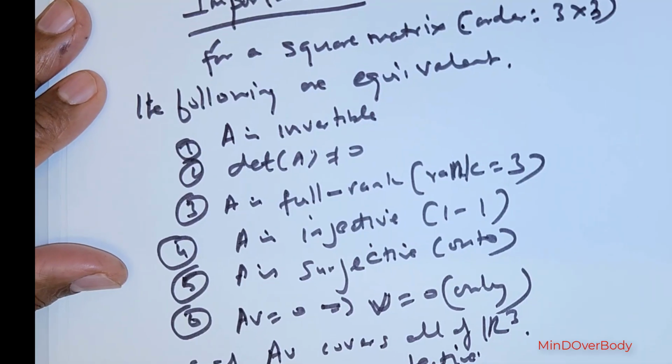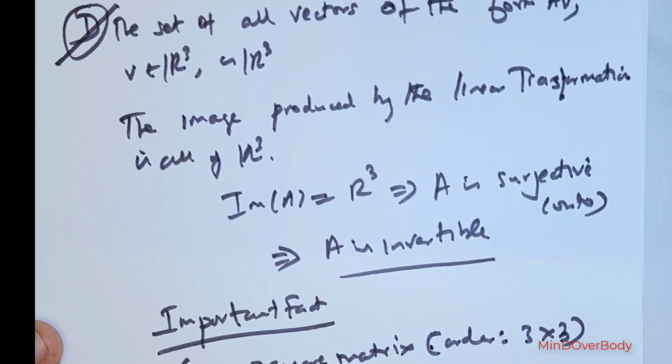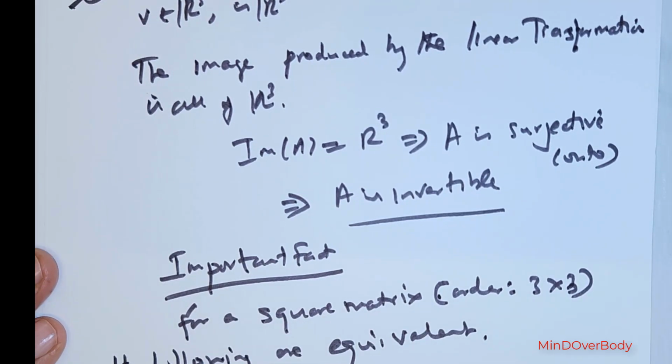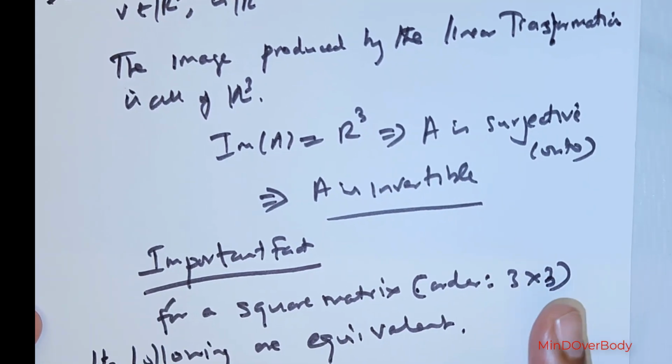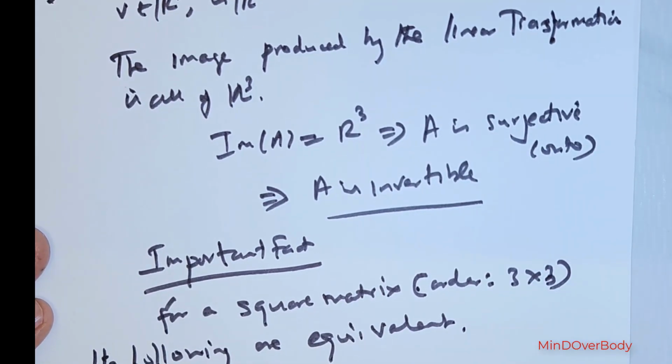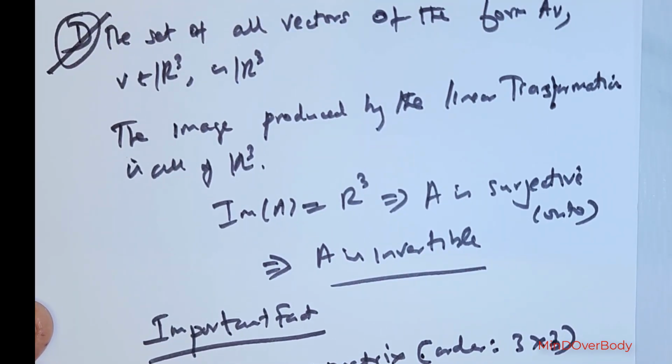True in the sense it implies A is invertible, but they do not want the true statements. They want to find the odd one out. That's exactly what we're going to do when we check E. Now this is the final statement.